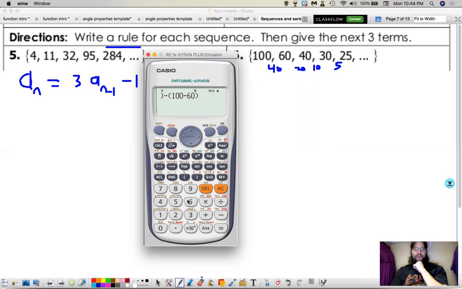If I do 60 minus that divided by 2, that gives me 40. So now I'm going to change that to a 40, that to a 60, that to a 40. I think this is going to work. 30. Okay.